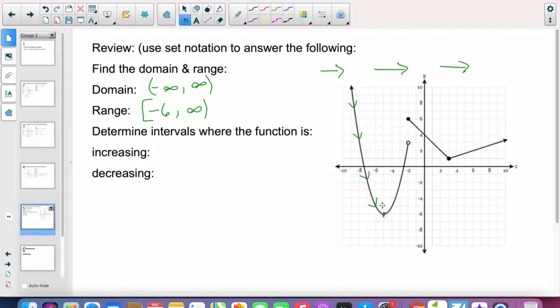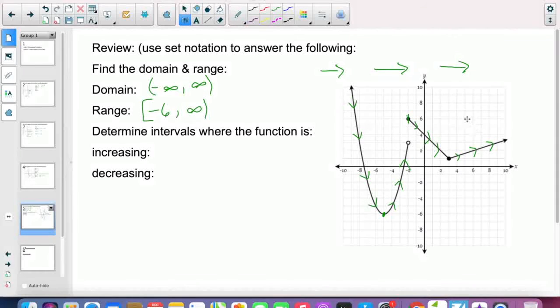After I pass the x value of -5, it continues in an upward direction until I get to the x value of -2, where it starts to go in a negative direction again until I get to x equals 3, and it goes in an upward direction again.